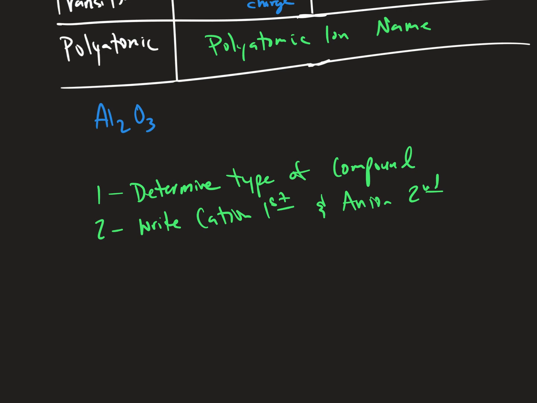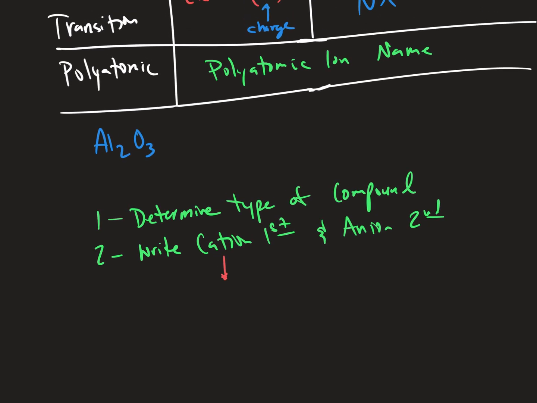Well, there might be a little more. To name the cation, you have to know what kind of metal it is, right? So you know if to name it with the Roman numeral, okay? So just make sure you watch that.